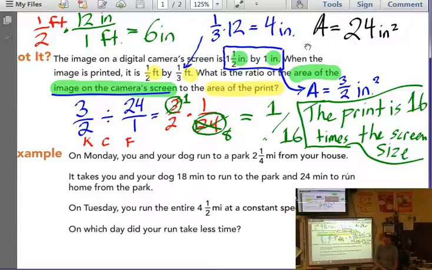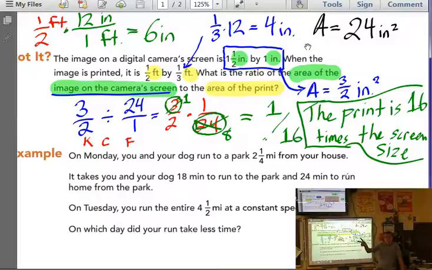We multiplied it by 12. Yeah, why'd we do that? We were wanting something to match. Inches to feet. Yeah, so we had to match up our units.